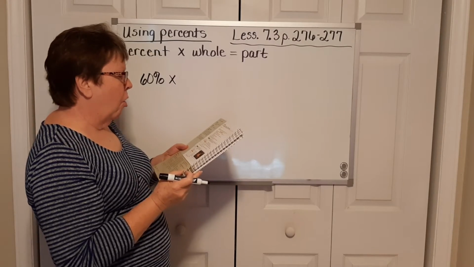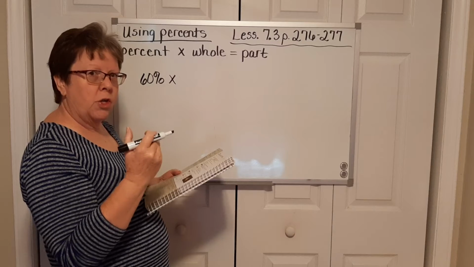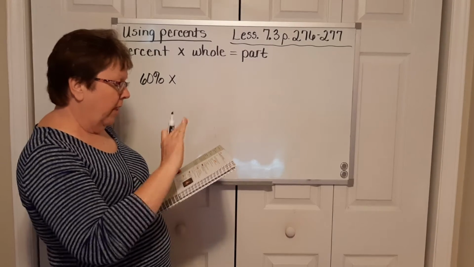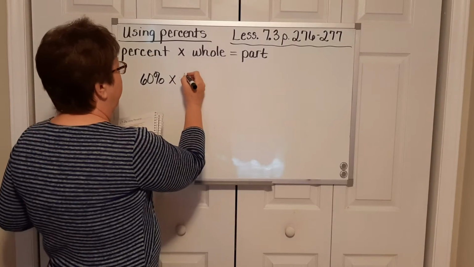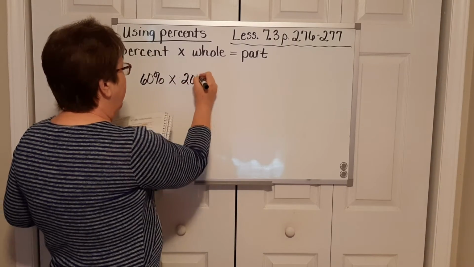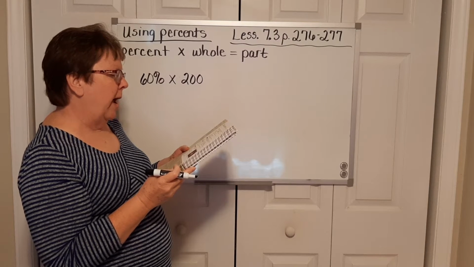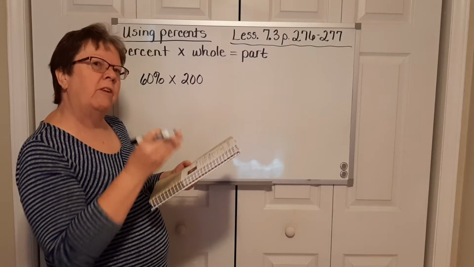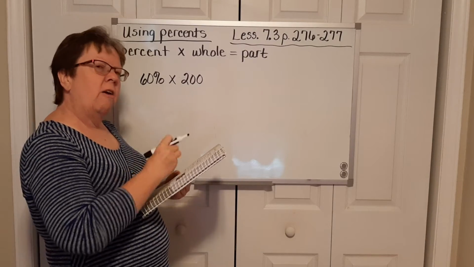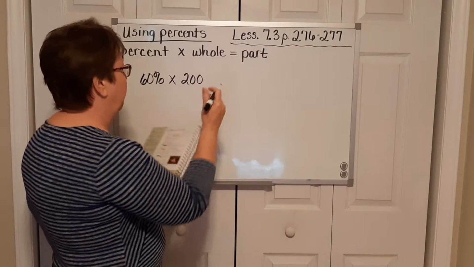Our whole will be the 200 kilograms of metal alloy, because that's all the alloy there is. Since the alloy is known to be 60% zinc, only 60% of that 200 is zinc, so that's the part.